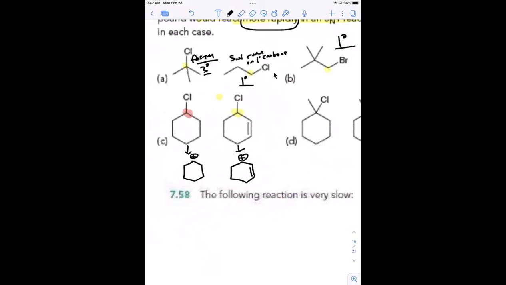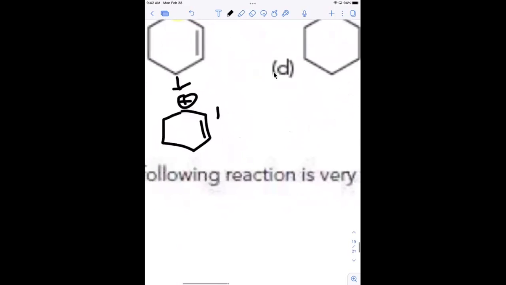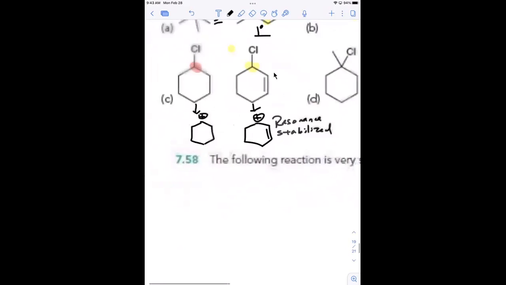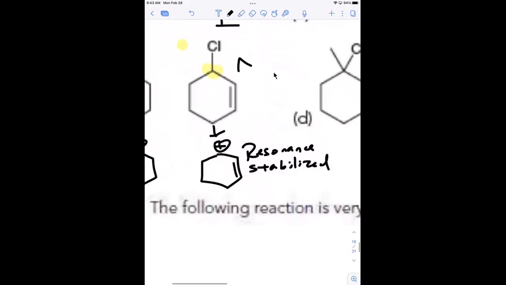What can the carbocation on the right do that the one on the left can't do? Resonance. So this is resonance stabilized. Excellent. So if that's a more stable carbocation, the allylic carbocation, then that reaction is going to be faster.